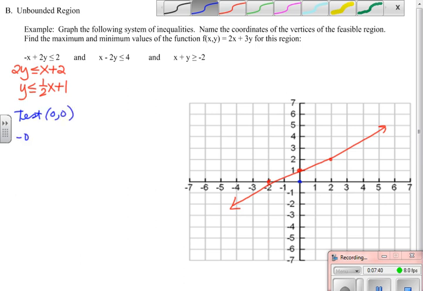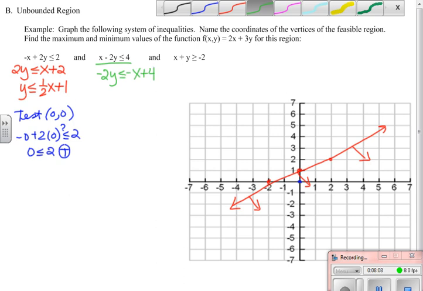Is 0 less than or equal to 2? That's a true statement. So everything below this is going to be shaded. And if you want to go ahead and do a slightly less invasive mark like I just did, that's perfectly fine. Let's solve this one for y.